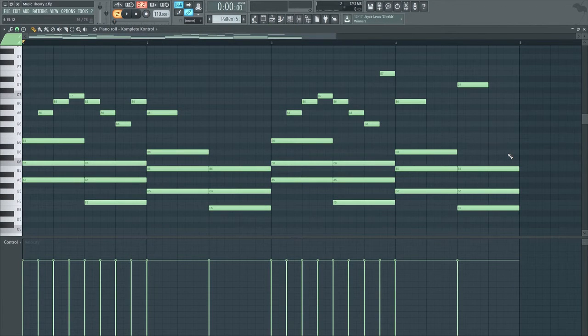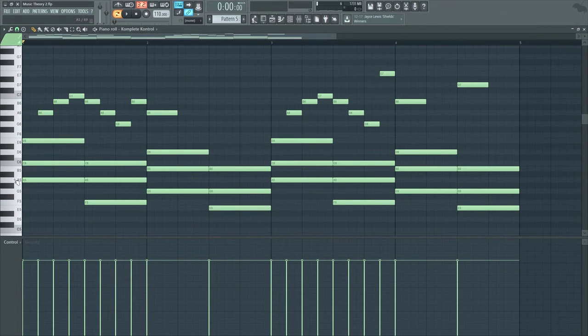So here I have a little example. Let's have a listen to it. It's in the A minor scale, and it sounds quite sad. Why does it sound sad? Well, let's look at the chords first of all. These are minor chords. How do I know they're minor?